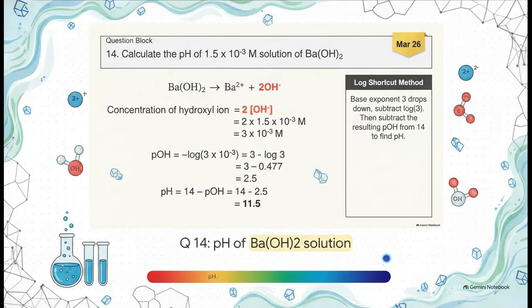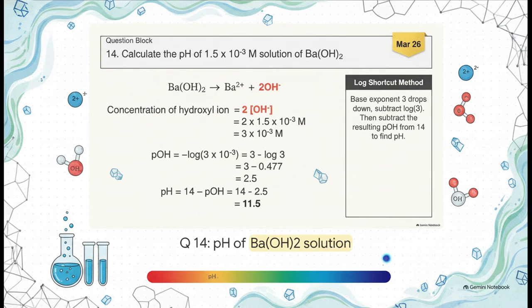Question block, March 26, 14. Calculate the pH of 1.5 times 10 to the power of negative 3 M solution of Ba(OH)2. Ba(OH)2 dissociates into Ba2+ plus 2OH-.